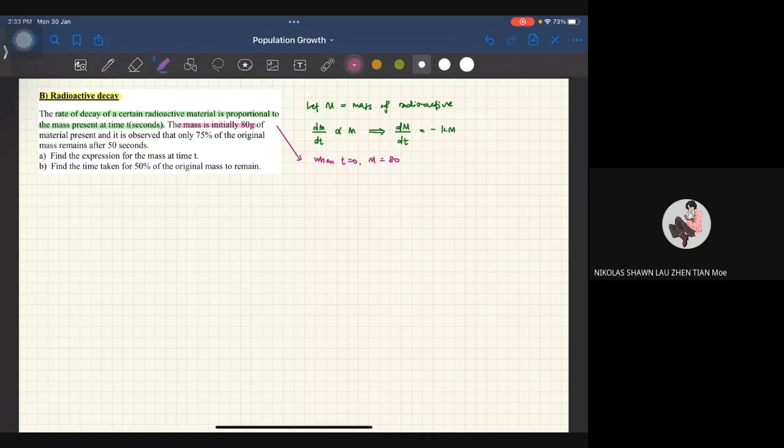Okay, settled. Alright, next one, soalan cakap lagi. And it is observed that only 75% of the original remains after 50 seconds. So selepas 50 saat tinggal 75% sahaja. So maksudnya dia akan jadi when t is equal to 50 seconds. Okay, so awak punya mass sama dengan apa?